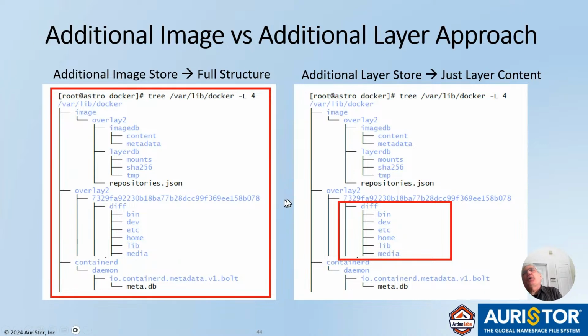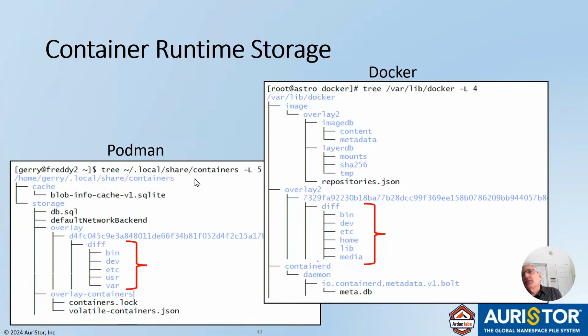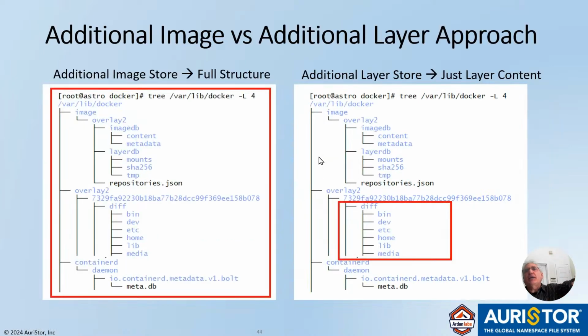There are two different approaches to how to solve this problem. One is with an additional image store, which basically means you can have more than one of these data structures. This is the one that you have. But if you were using standard plugins to Docker, you could have multiple ones, and it would look for the image and you'd get a list of these data structures.